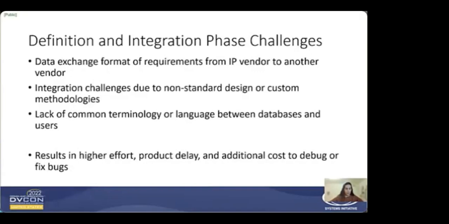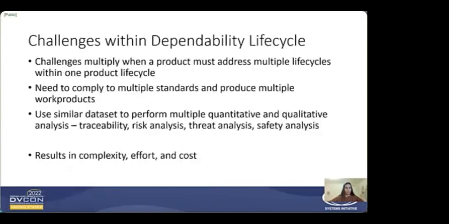Now, when we look up to the product, where we have multiple layers, and not just multiple layers but now multiple attributes, the challenges actually multiply. Especially when a product has to address multiple life cycles with multiple attributes for one single product. So here we're talking about, back to that automotive example, an automotive application where I need security, I need functional safety, I also need reliability.